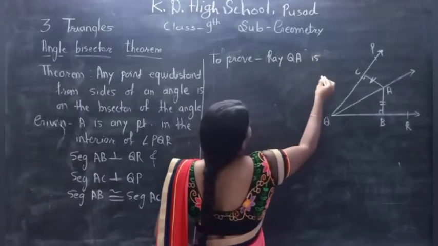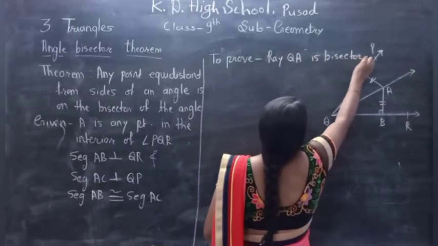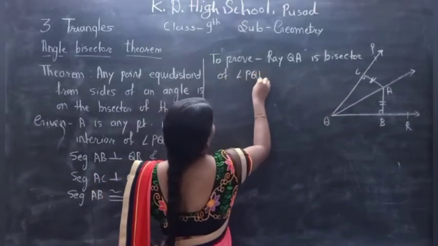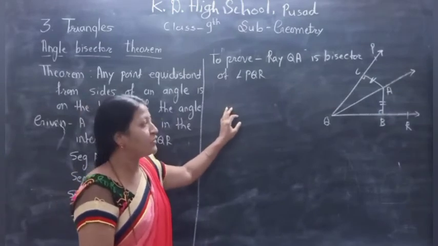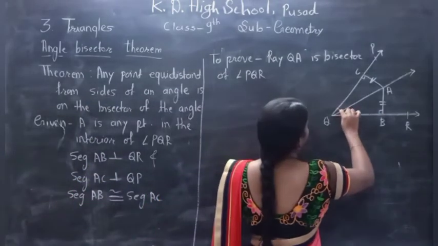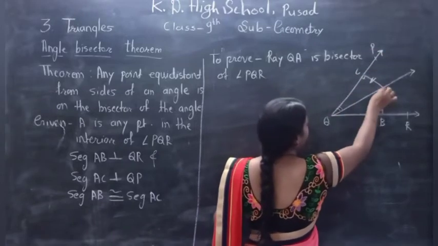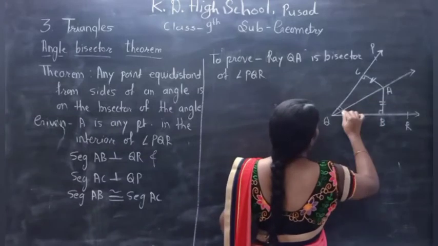QA is the bisector of angle PQR. It means what? These two angles, angle CQA congruent to angle BQA.